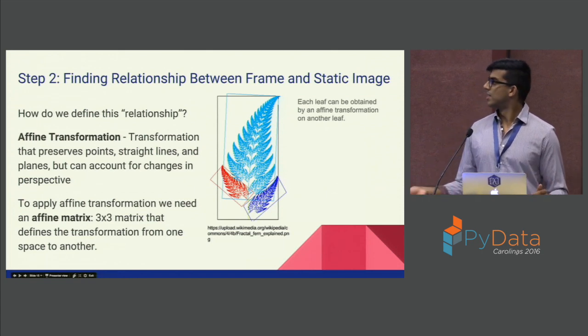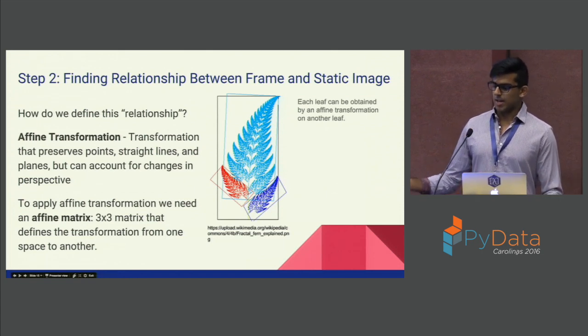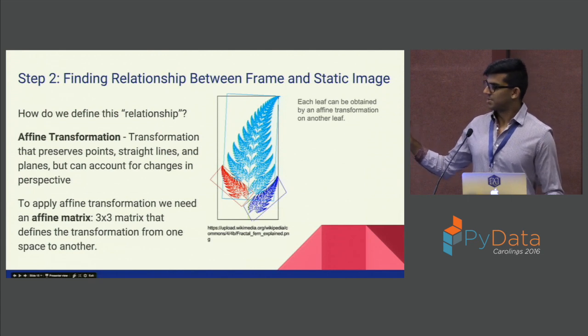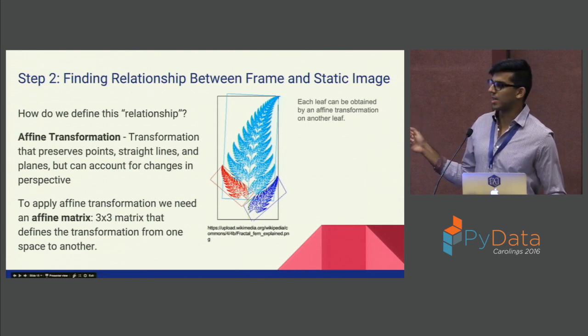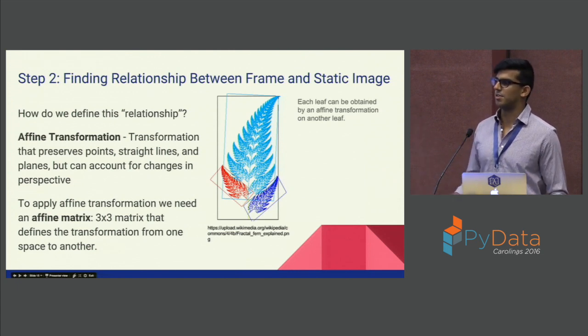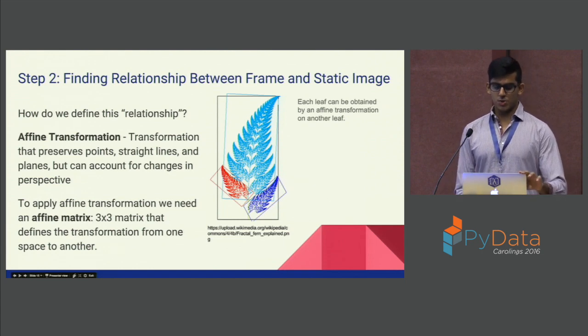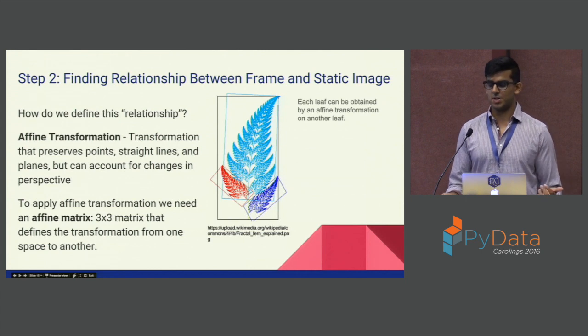So if you look at this image to the right, each leaf in that image can be obtained by an affine transformation on another leaf. So reflection, rotation, scaling, shear mapping, those can all be accounted for by an affine transformation. So how do we parameterize an affine transformation?